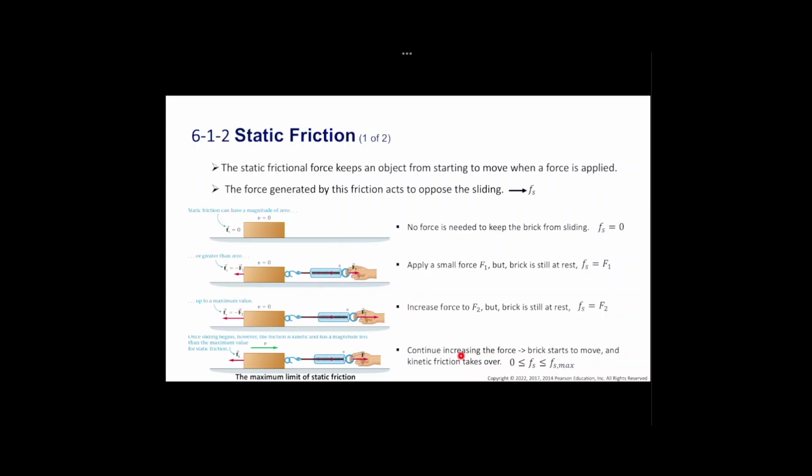Now it follows that there is a maximum force, Fs max, that can be exerted by static friction. Therefore the force of static friction Fs can have any value between 0 and the maximum value, and after the maximum value the kinetic friction takes place.